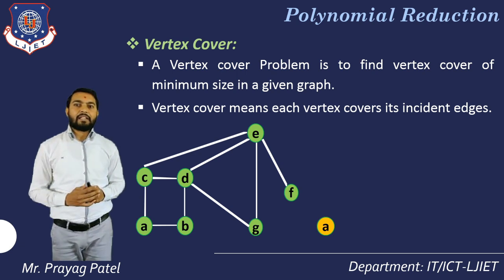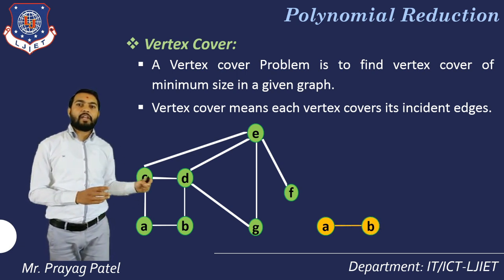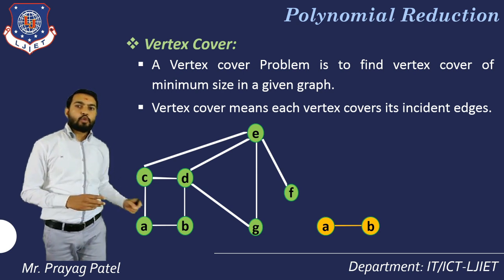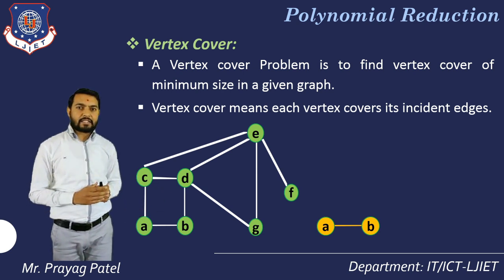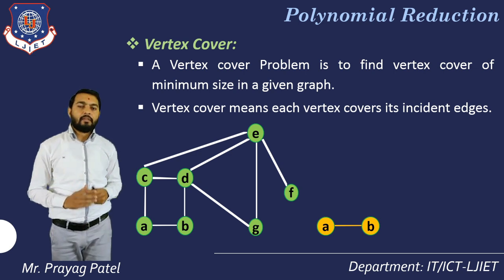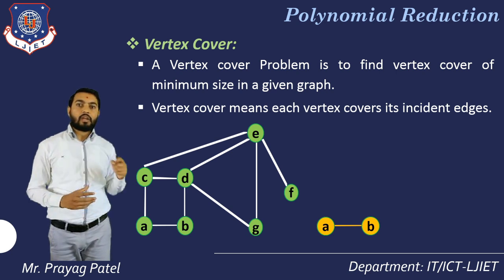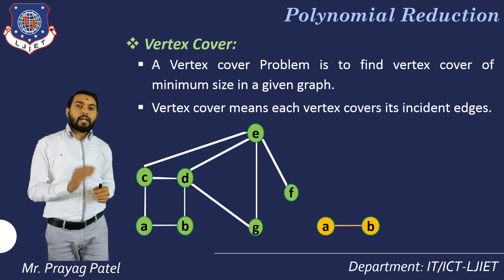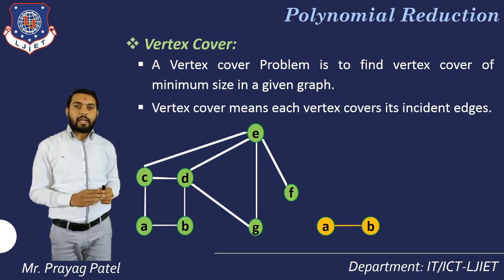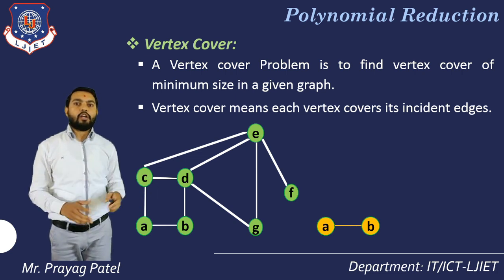Now after selecting this particular node, we have to select one another node with a connected edge. So here the A to B edge is considered, and nodes A and B are selected. That means node A, node B and the one edge between A and B are selected. Now after that, all the edges connected with A and the edges connected with B are removed or ignored.